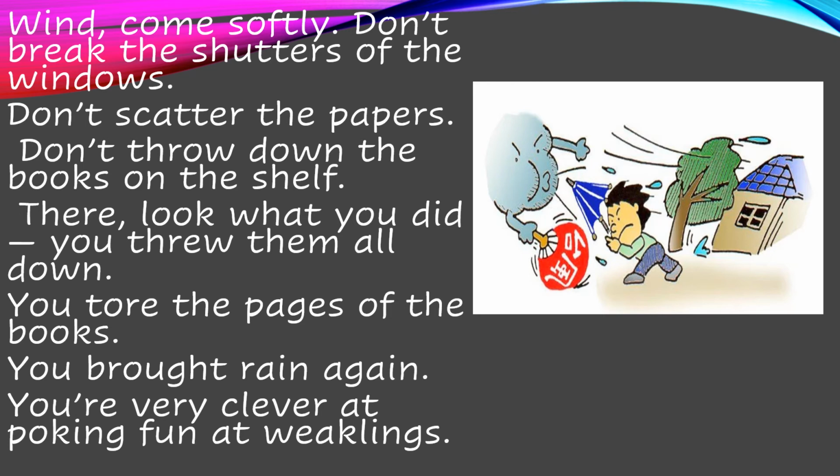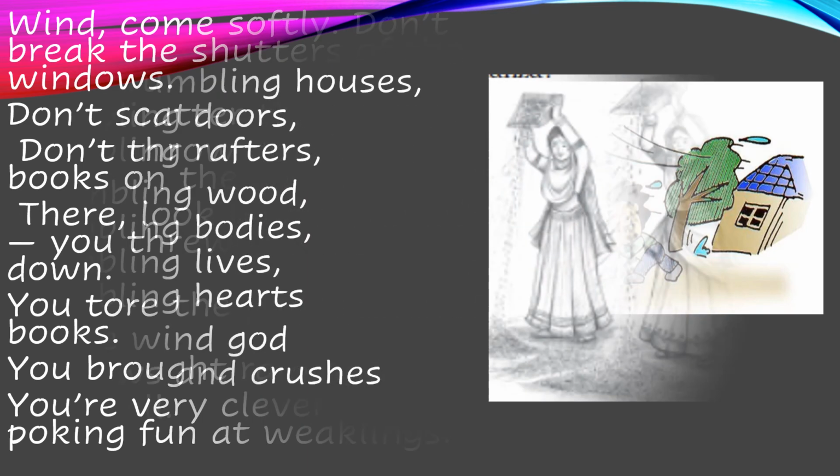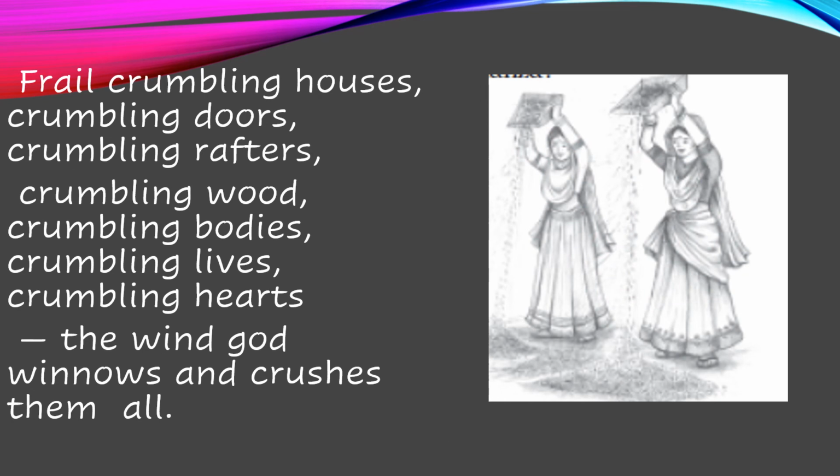Let us go to the second para, children. Frail crumbling houses, crumbling doors, crumbling rafters, crumbling wood, crumbling bodies, crumbling lives, crumbling hearts. The wind god winnows and crushes them all. Frail crumbling houses.